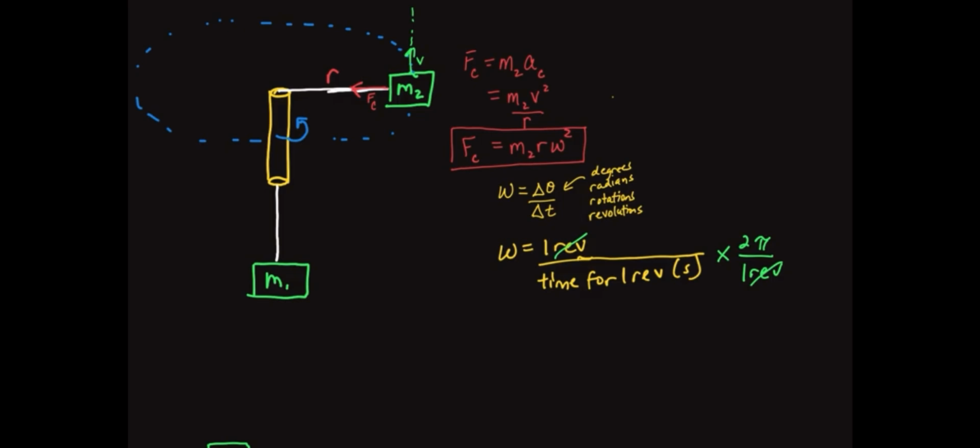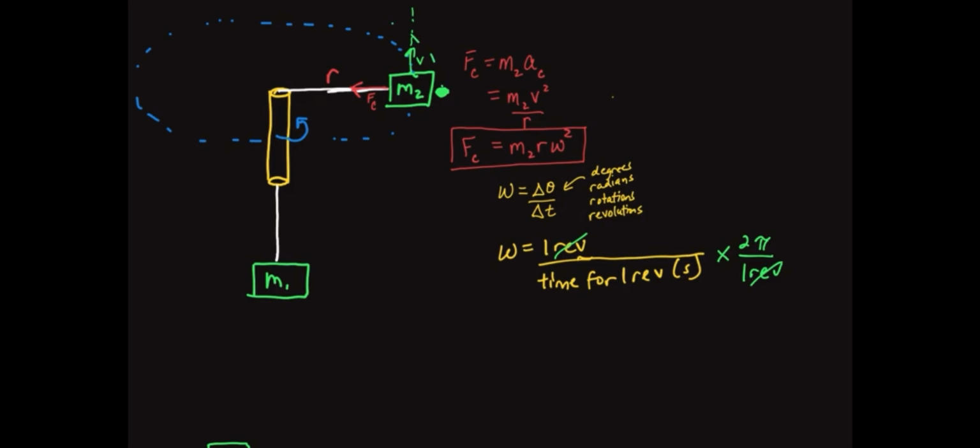Now, in this experiment, it will be difficult to measure the time for just one revolution. As the object is rotating at a constant speed, you want to pick a starting point. So, for example, when my M2 is right here, whoever's rotating it, the partner is going to do the timing. The partner will pick a starting point and start the timer.